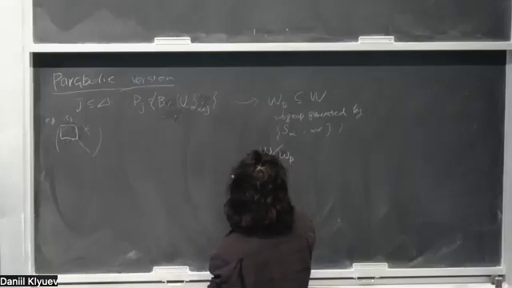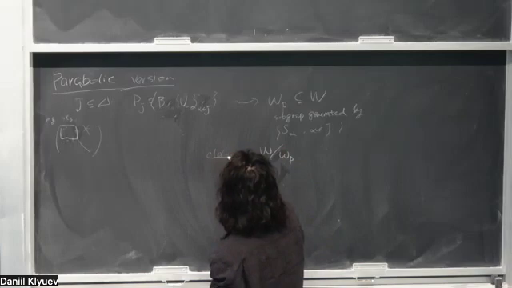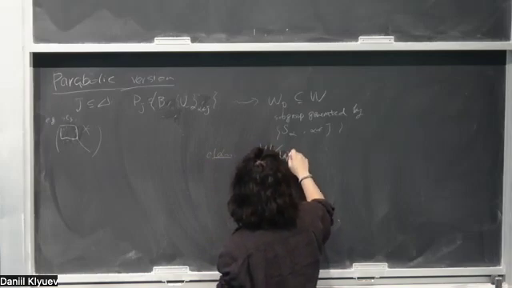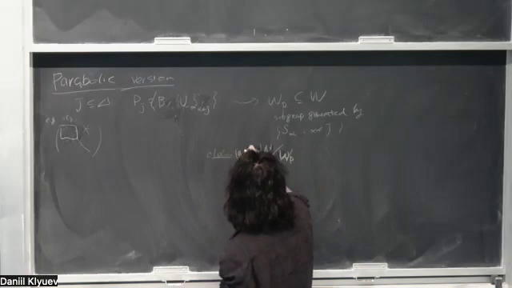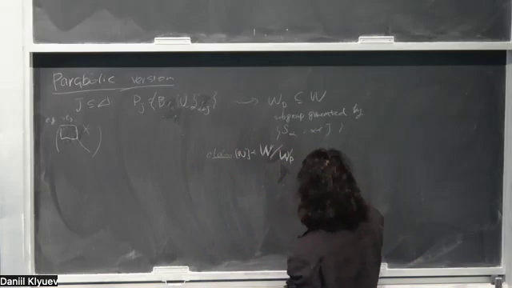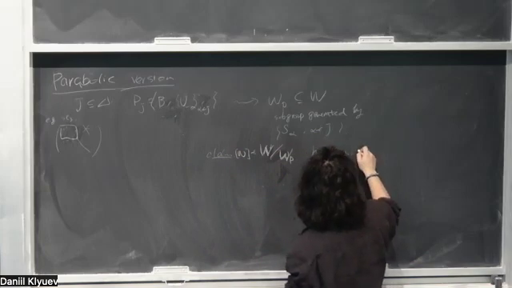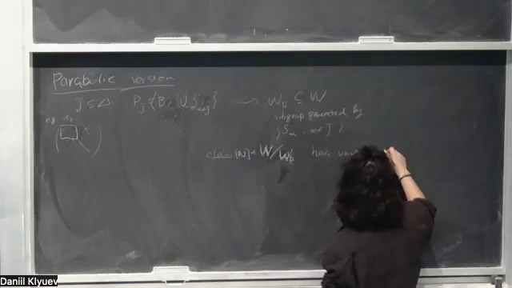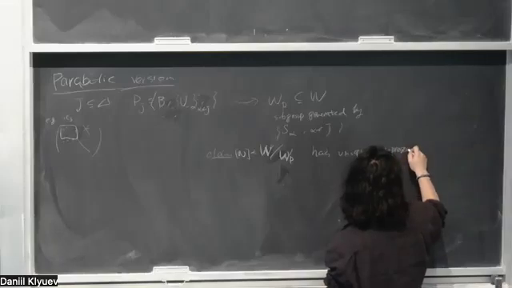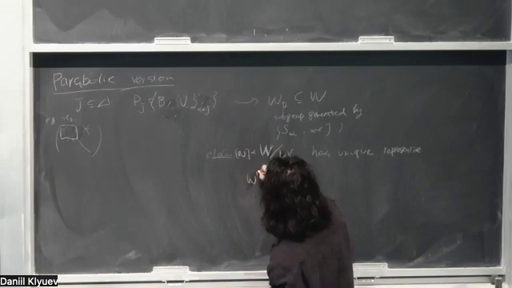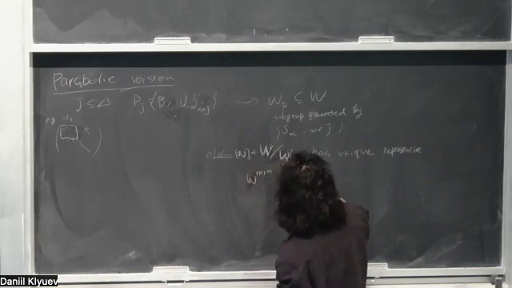Okay, yeah, so I don't know, call it a proposition or whatever. If I take any coset here, it has a unique representative w_min of minimal length.